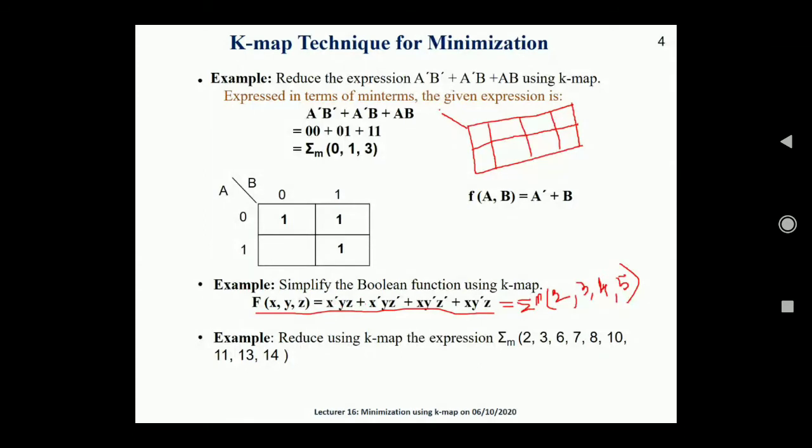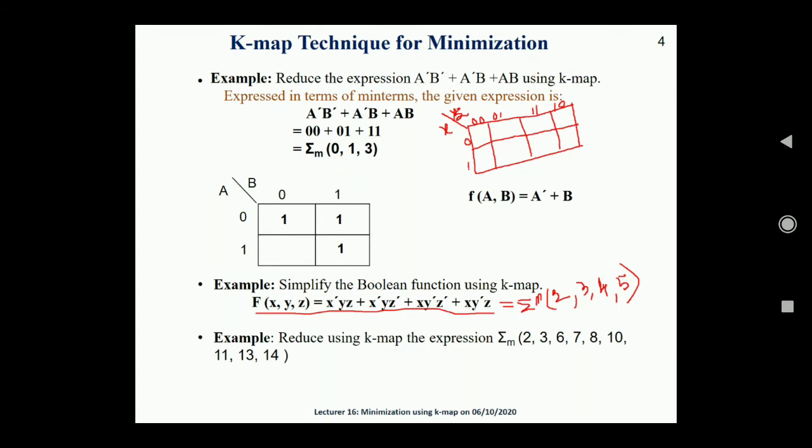Based on the expression, this one is x and this one is yz. So I assign the values 0, 0, then 0, 1, 1, 1, and 1, 0. And x is only one variable, so we just put 0 and 1.